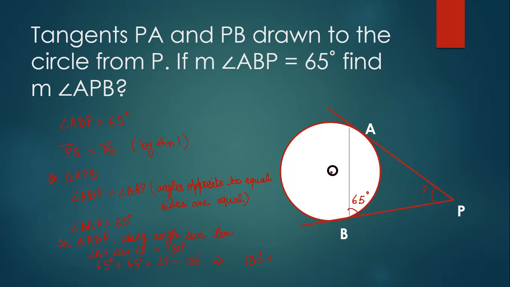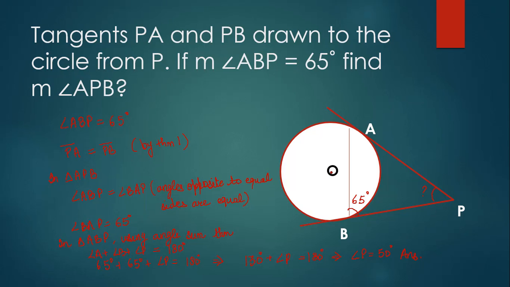That will give me 130 plus angle P equal to 180 degrees, which will give me angle P equal to 180 minus 130, which is 50 degrees, and that is the answer. I hope all of you have got this answer.